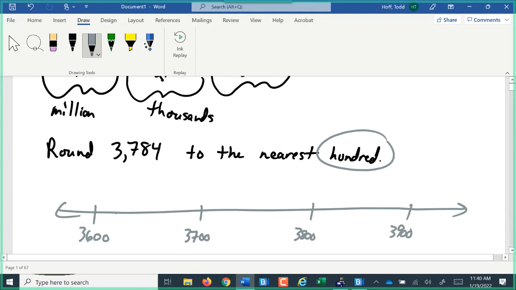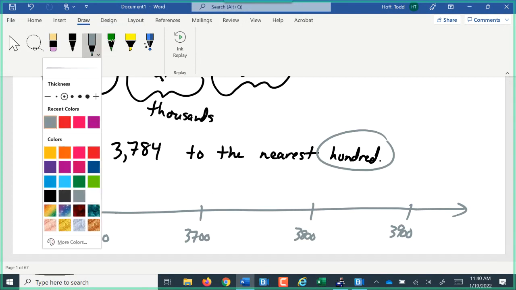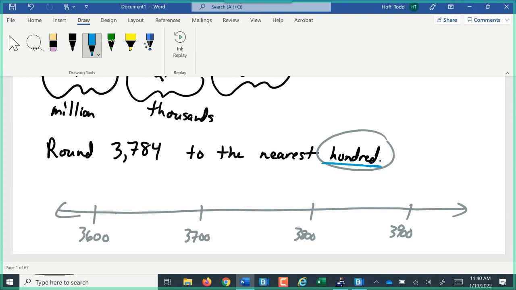So when we look at our number that we're rounding, round to the nearest 100, we find the digit in the hundreds place. Of course, that's the 7. That is telling us that the number is between 3,700 and 3,800.